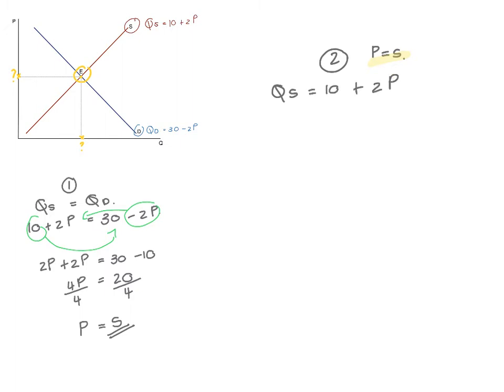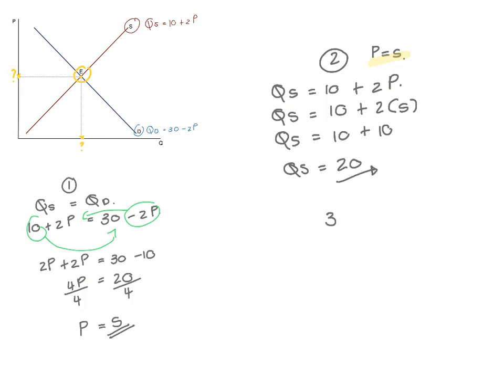Quantity supplied is therefore 10 plus 2 and in brackets our calculated value for p, which is 5. Quantity supplied is therefore equal to 10 plus 10. 2 times 5 equals 10. Our final answer for quantity supplied is equal to 20.